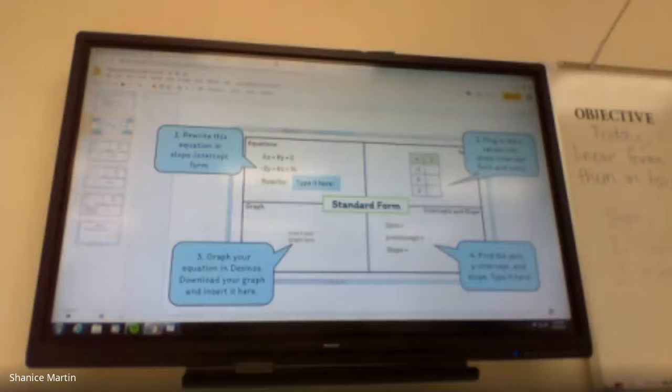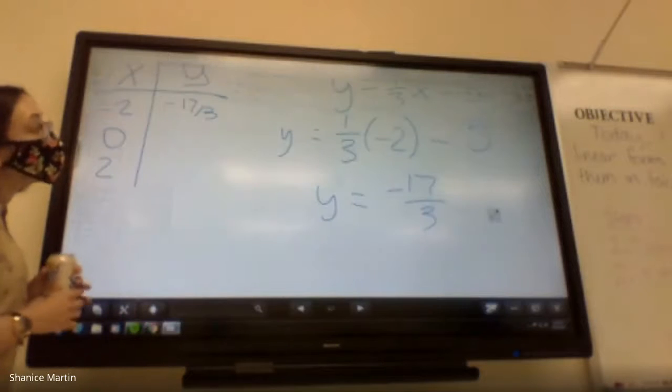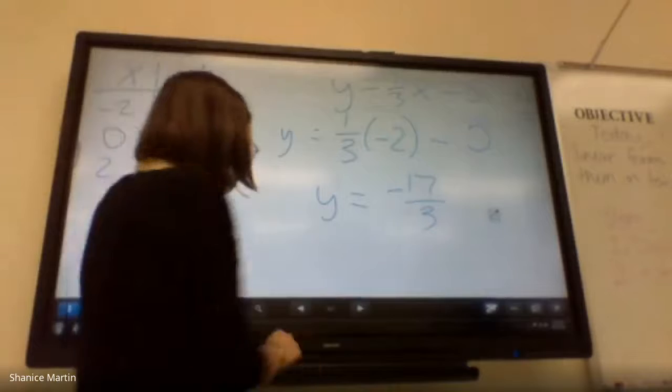What I want you to do is rewrite this part of the equation, except instead of x in parentheses, I want you to put your first x value. Let me pull up the example. Just do that in extended form on the first one. I'm talking about the second one.